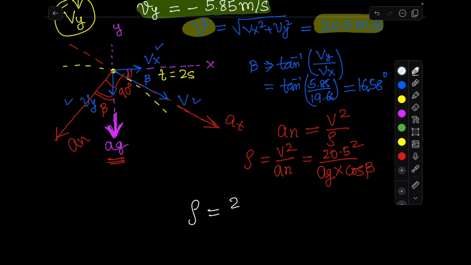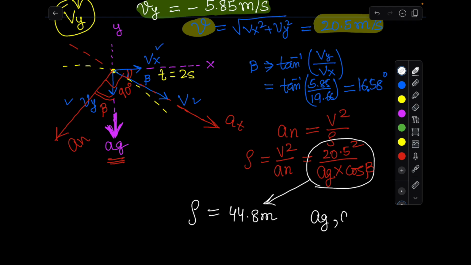I will just write the answer here. From this equation I will get the value of rho, 44.8 meter. In the same way, once you have ag, you have an, then you can also easily find at.